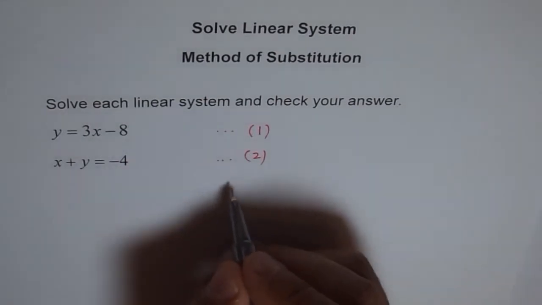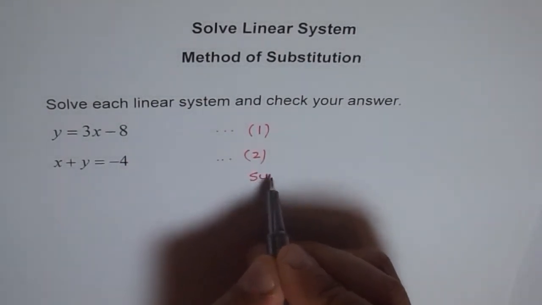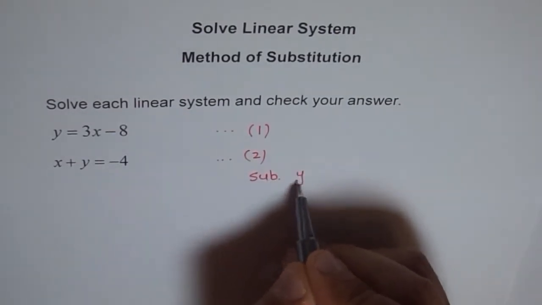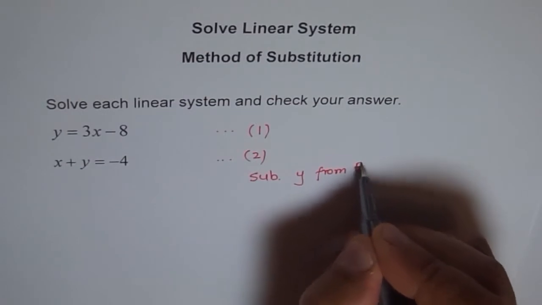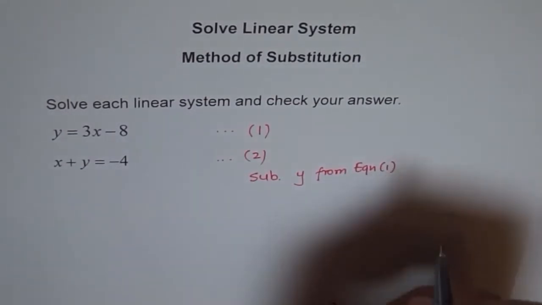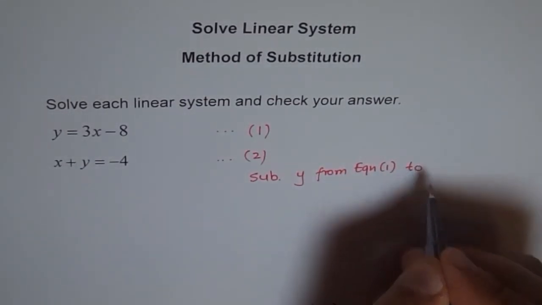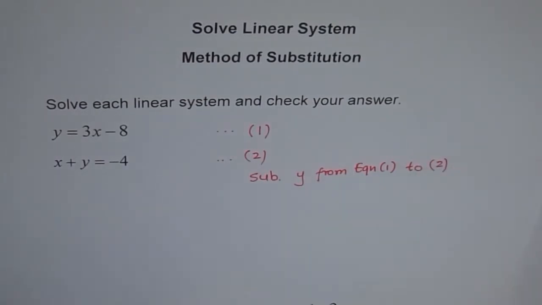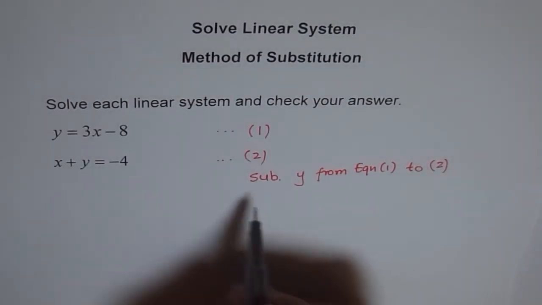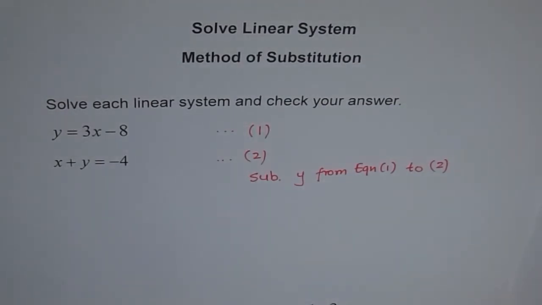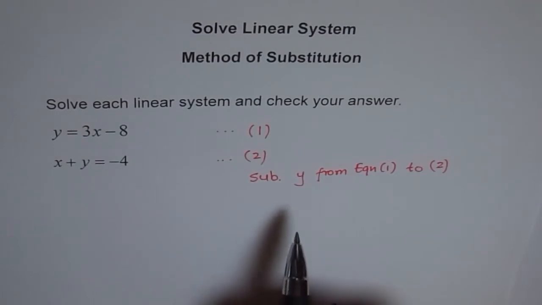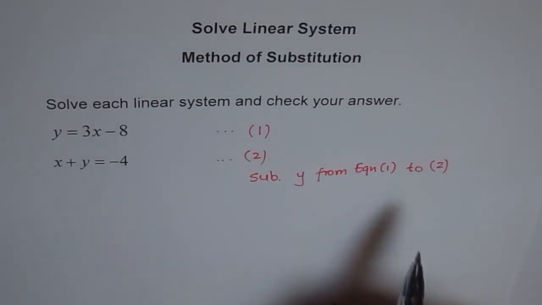So we say, substitute y from equation 1 to 2. Now I'm writing it here, but I'm going to write it in very short form soon, because I don't want to spend so much time writing. But for you, in your test, you should write in detail.